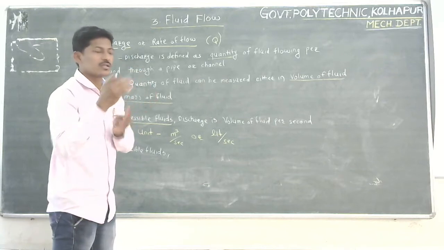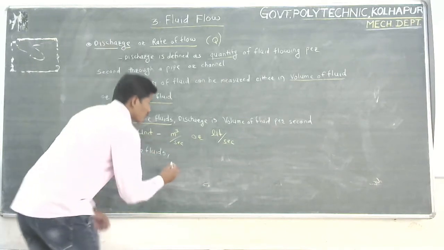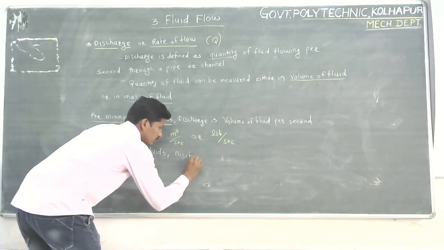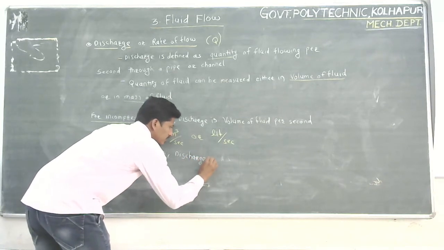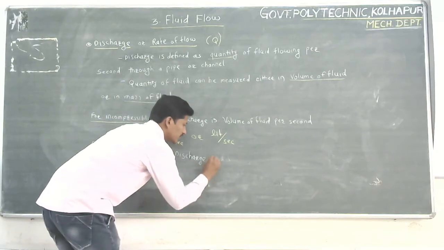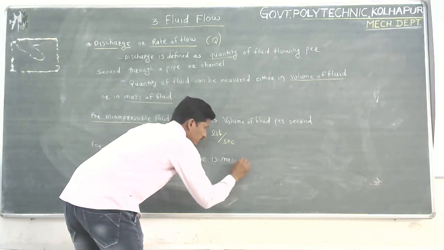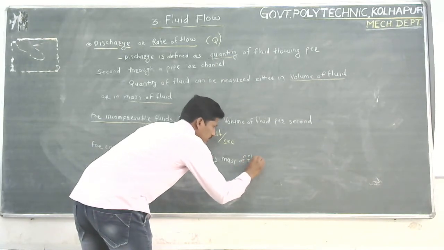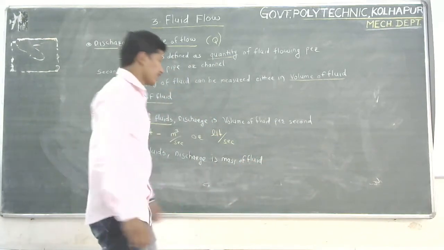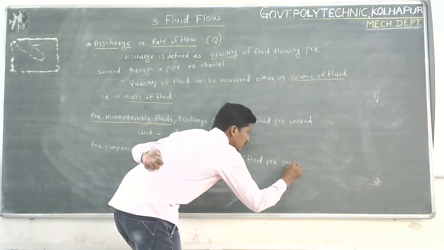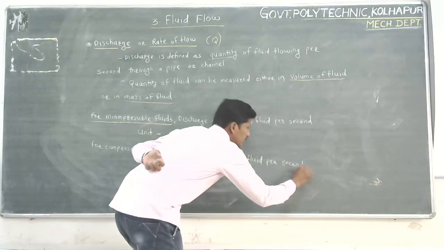So discharge will be the mass of fluid flowing per second.